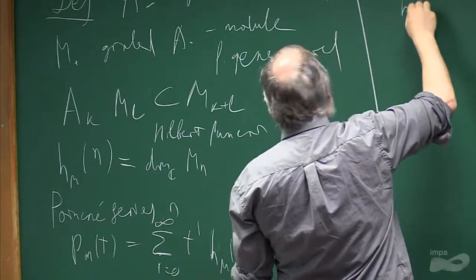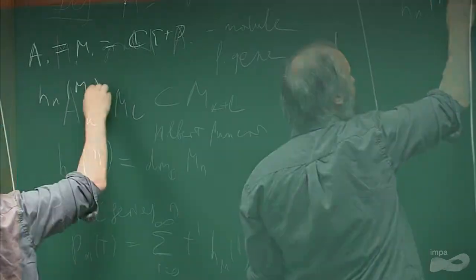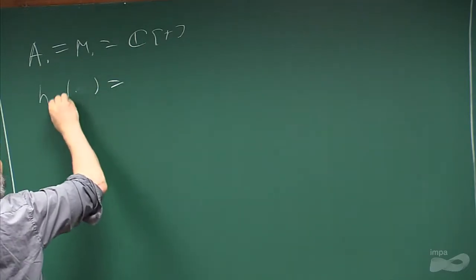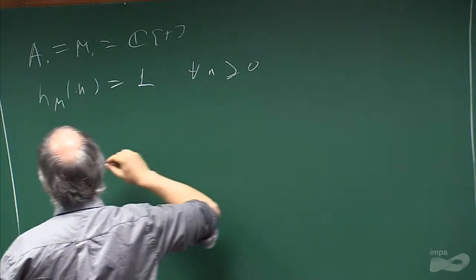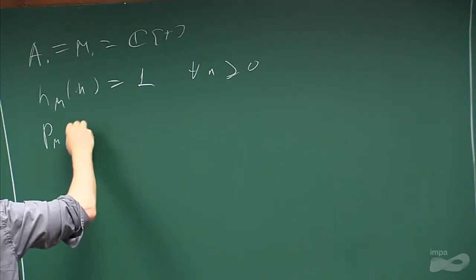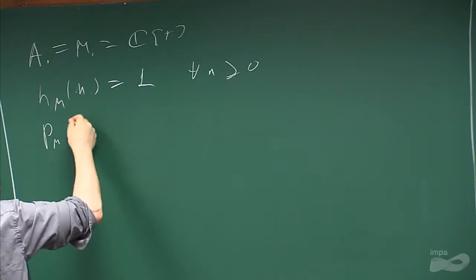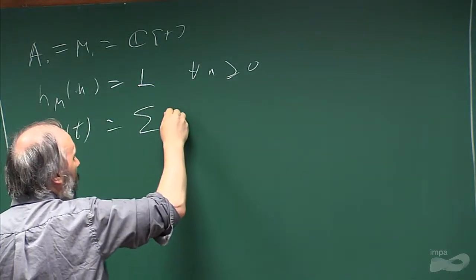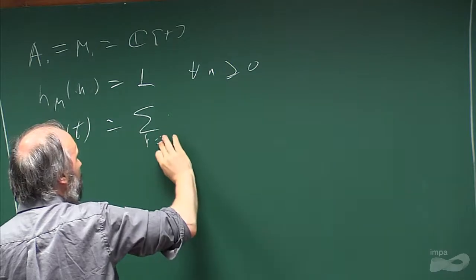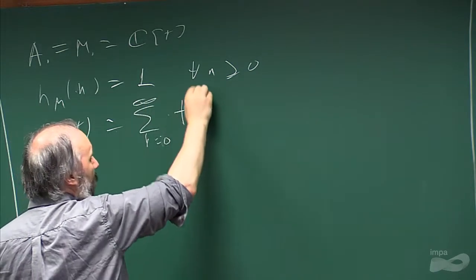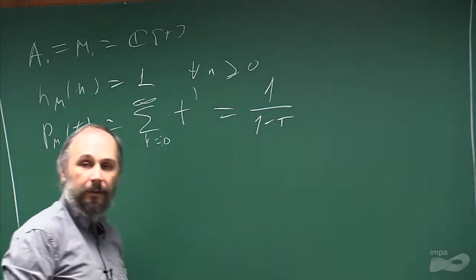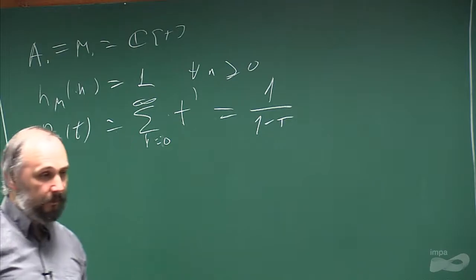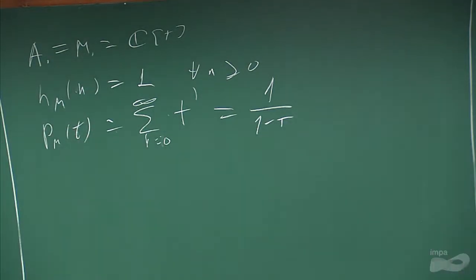Then H_M of n is equal to 1 for all n starting with 0, and P_M of t is the sum from i equals 0 to infinity of t to the i, or what is the same, 1 divided by 1 minus t. Clear? Good. We shall see more examples later.